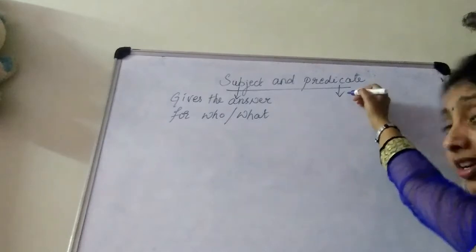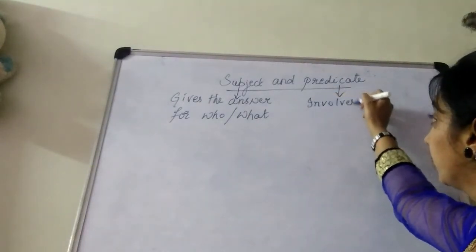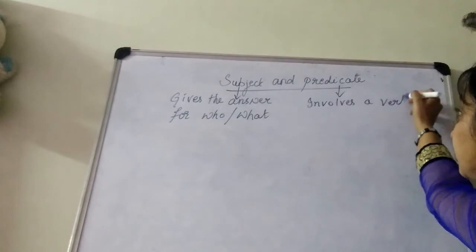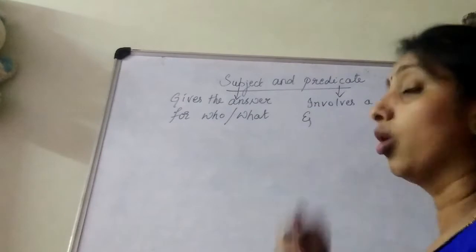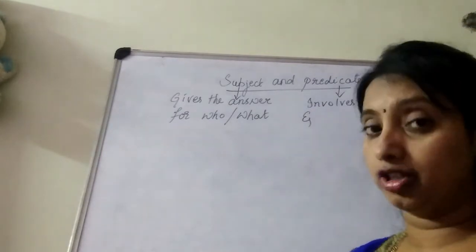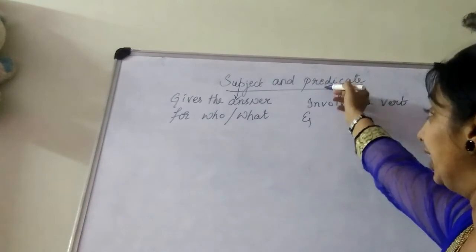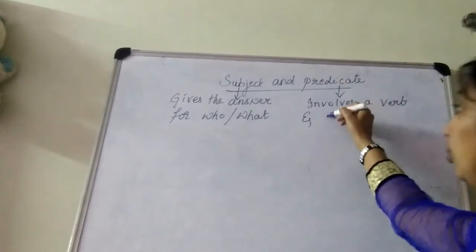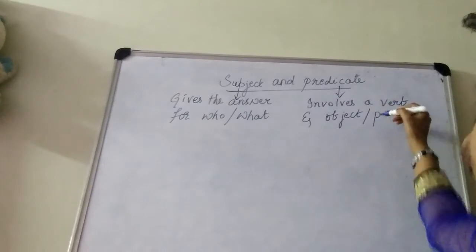So, predicate involves a verb and it may involve an object or a complement. So this predicate may involve a verb along with an object or a complement.